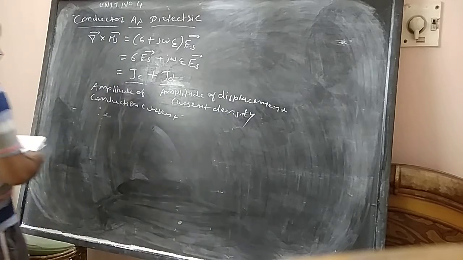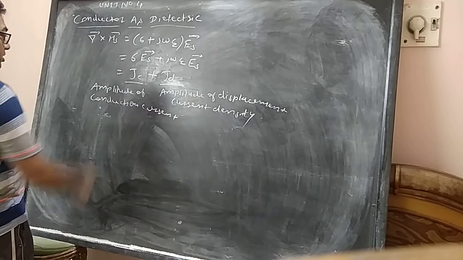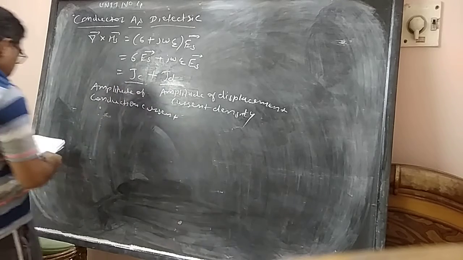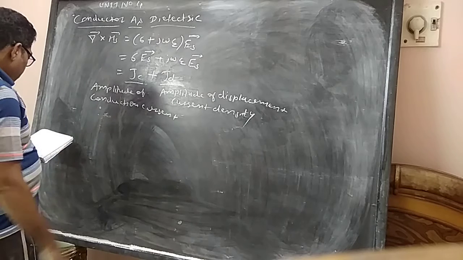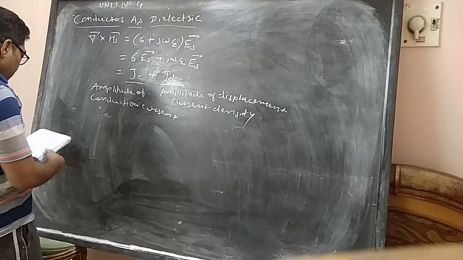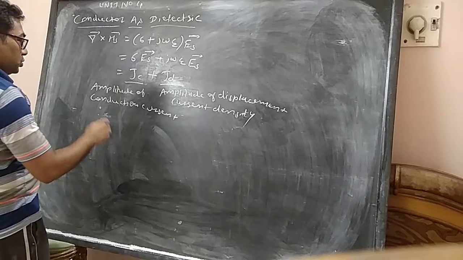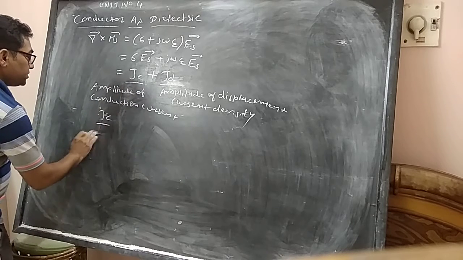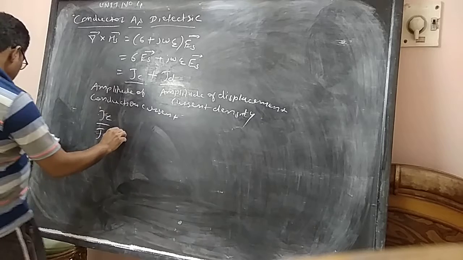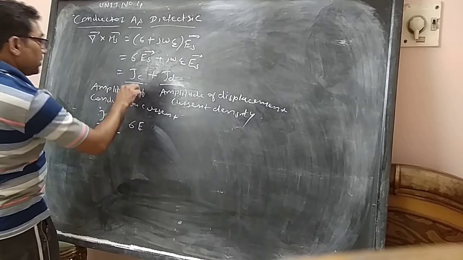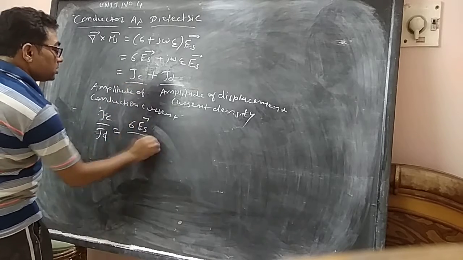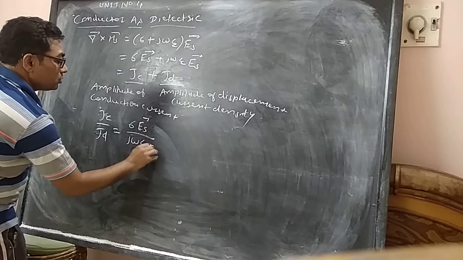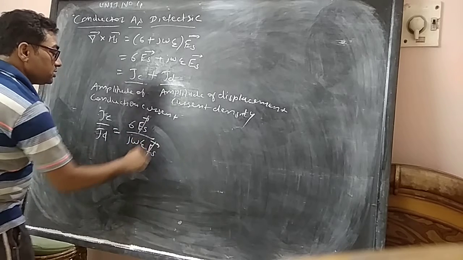Now the ratio of conduction current density and displacement current density is used to define whether the medium is a conductor or a dielectric. So by taking the ratio Jc divided by Jd, which is equal to sigma into Es divided by j omega epsilon into Es, this Es gets cancelled.